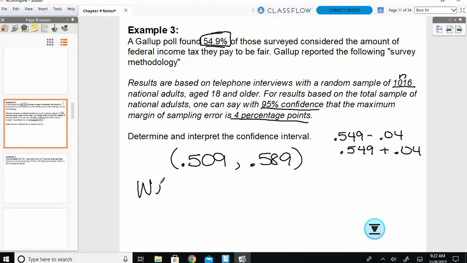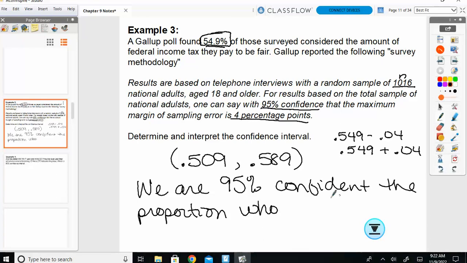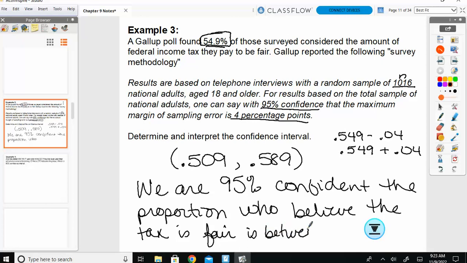So that means this was a 95% confidence. So 95% confident the proportion who believe the tax is fair is between these values.